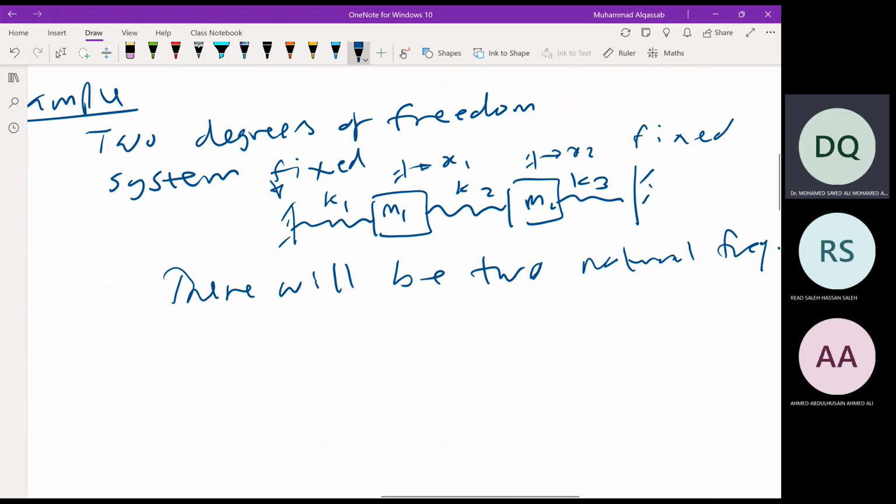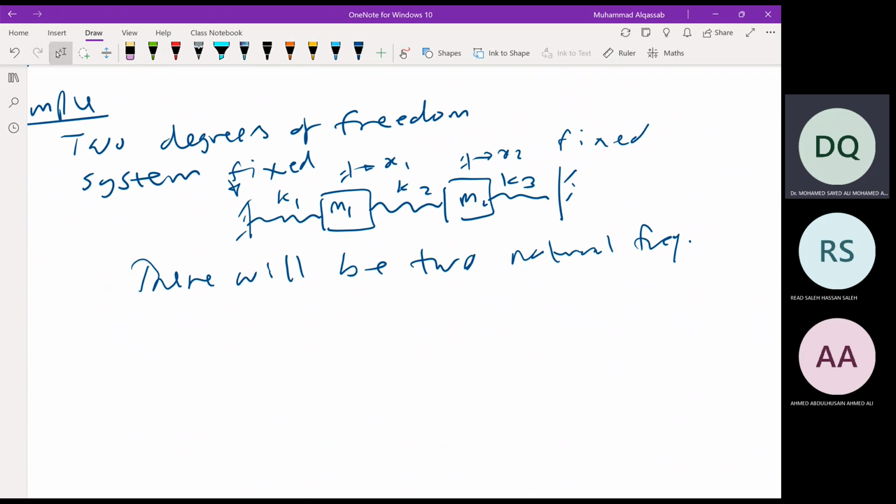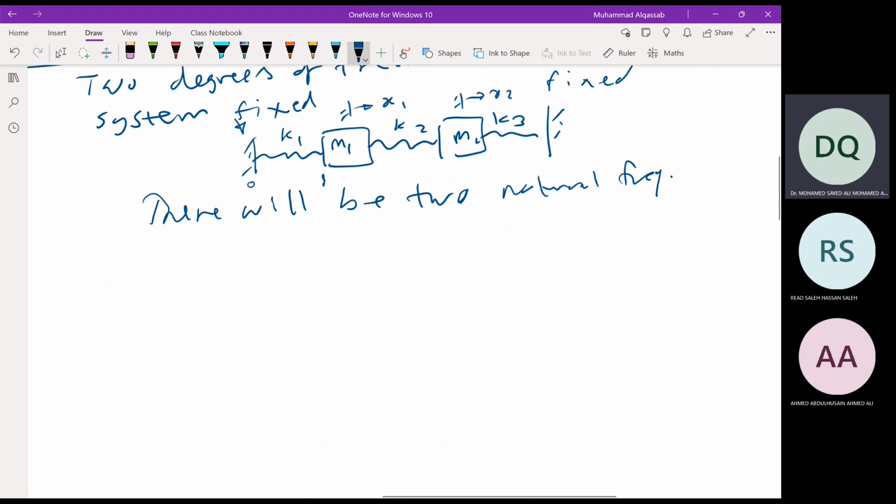The same thing can happen here, but assuming that the variation in the spring is linear, 0 from here, maximum here, x1. So the first mode of this vibration system, 2 degrees of freedom, if you draw the 0 line, this is the equilibrium line. This is always 0 displacement.